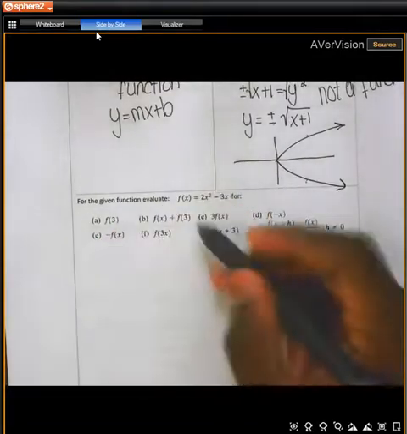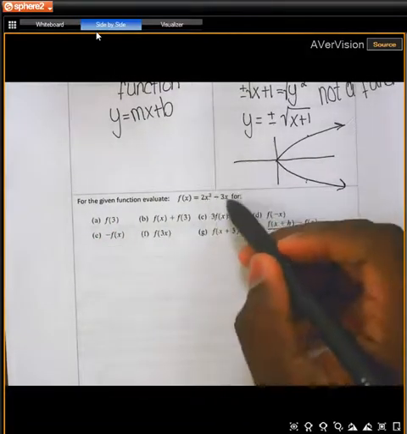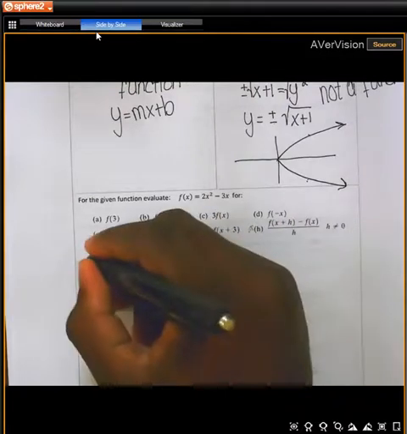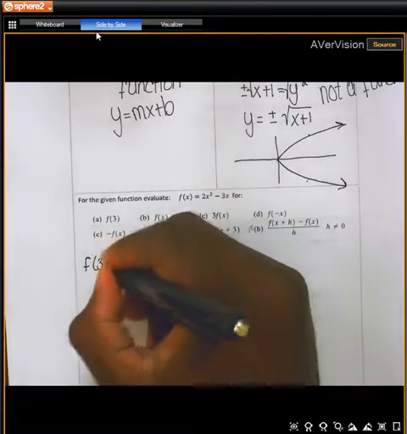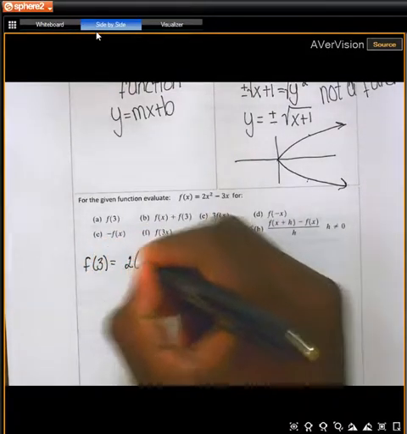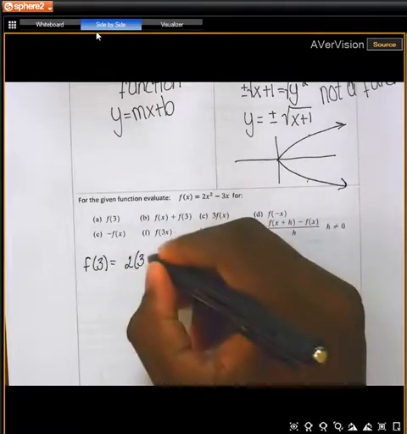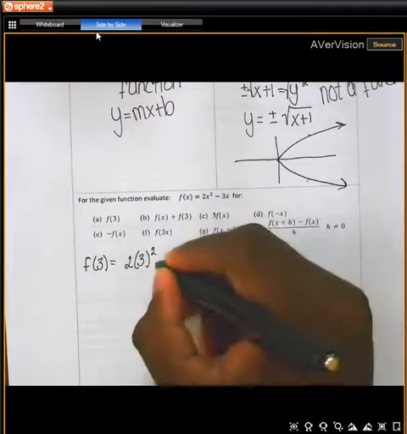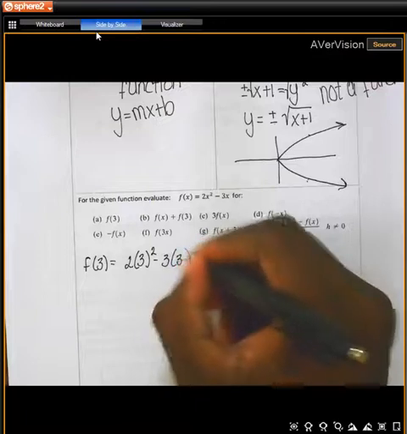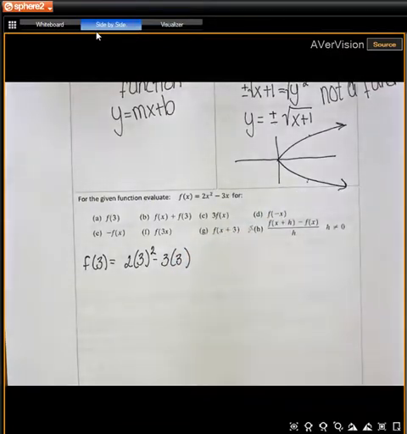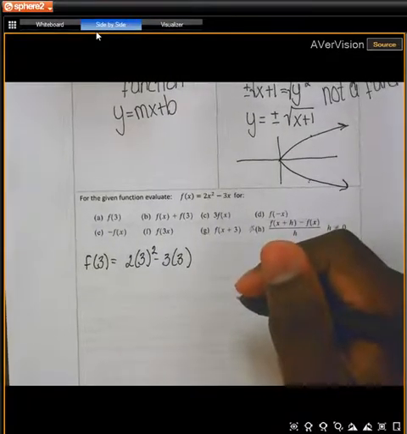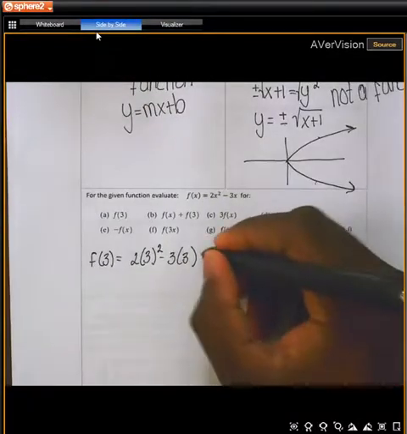So if f of x is equal to 2x squared minus 3x, then f of 3 is going to be 2, and instead of x, we're going to put 3. And then you just solve.